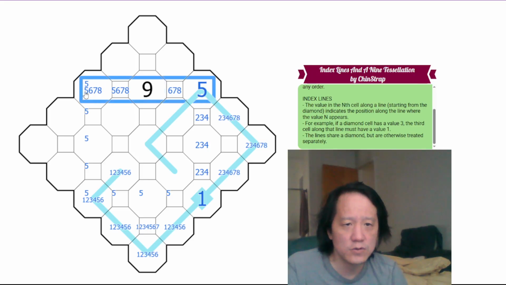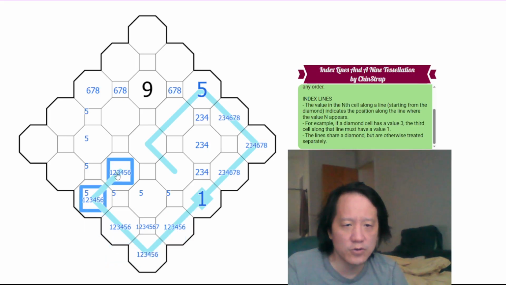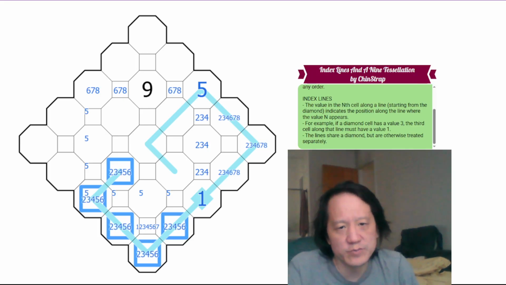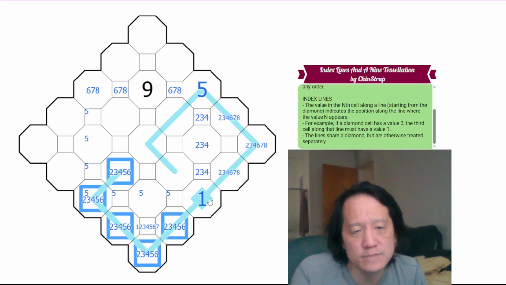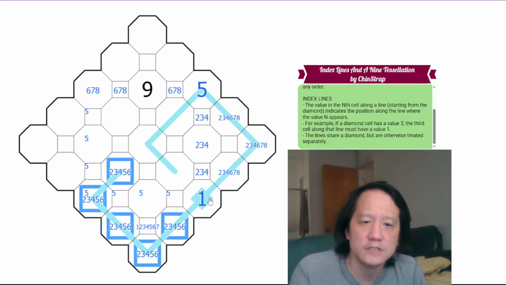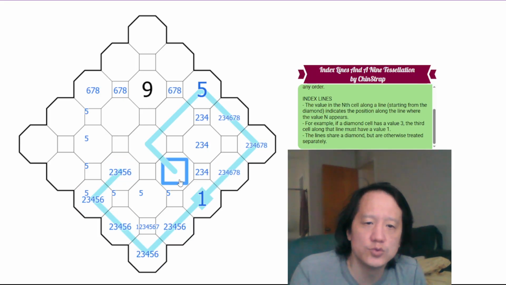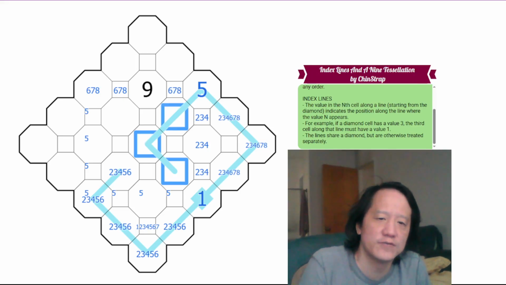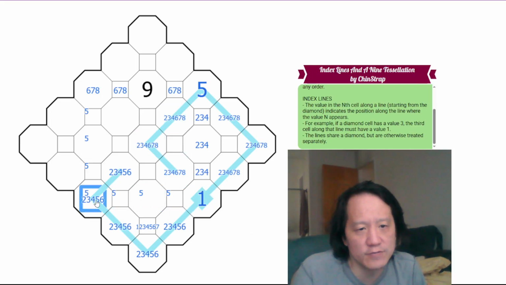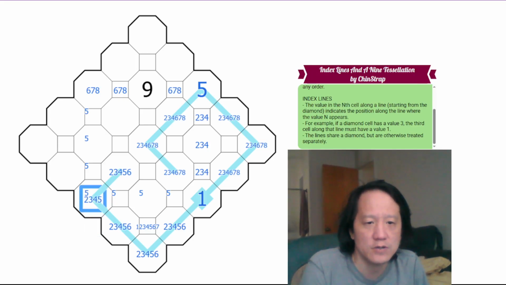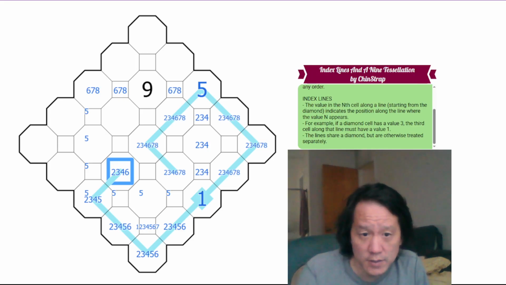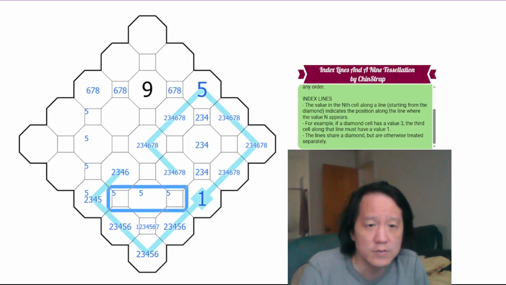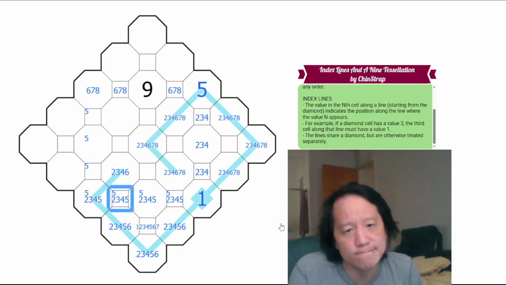So, obviously 5 can't be here. These cannot be 1. That doesn't really tell us too much. These become 2, 3, 4, 6, 7, 8. Right. This is 1 through 5, so this cannot be 6 here. So 5 cannot appear there. These are 2 through 5 here. Okay.